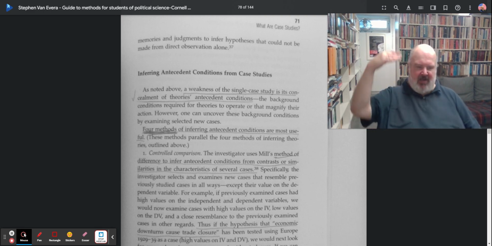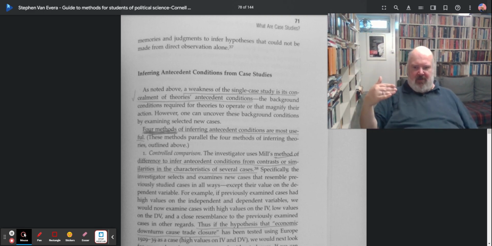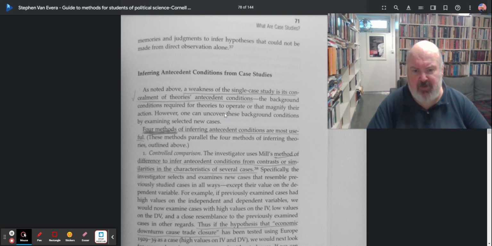If we talked about creating theories, now we're going to be inferring antecedent conditions from case studies. Now, this is what inferring means: coming up with ideas about antecedent conditions from case studies. As noted above, the weakness of the case study is the concealment of theories' antecedent conditions. The background conditions required for theories that operate or magnify their action.